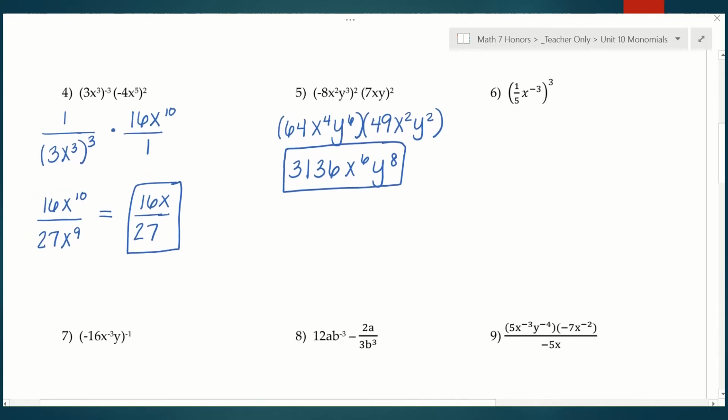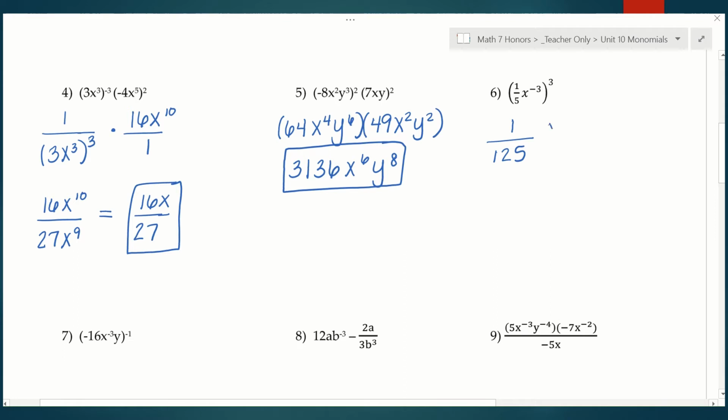Okay, number 6. Let's go ahead and raise this whole monomial to the 3rd power. Again, the reason I'm doing that is because that negative exponent is not outside. If it were outside, I would have started by doing 1 over the entire fraction. Okay, but I don't have to worry about that just yet. So 1/5 to the 3rd power is 1/5 times 1/5 times 1/5, which is 1 over 125.